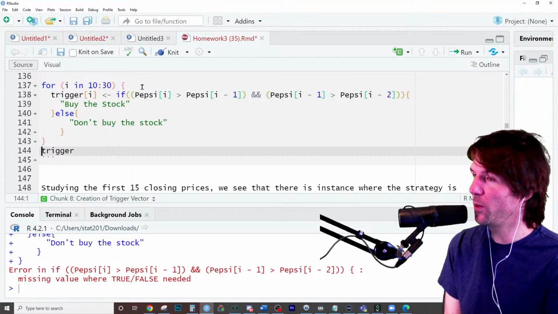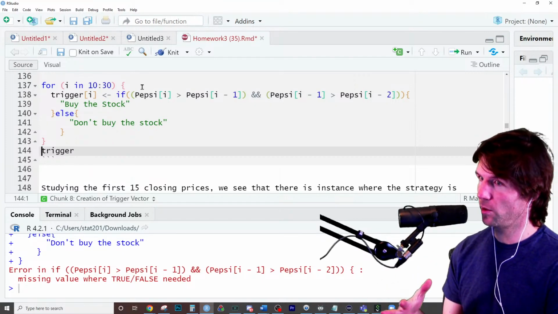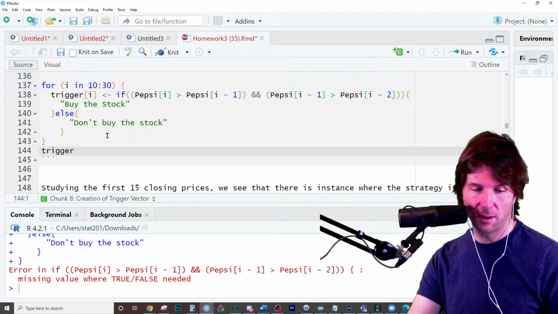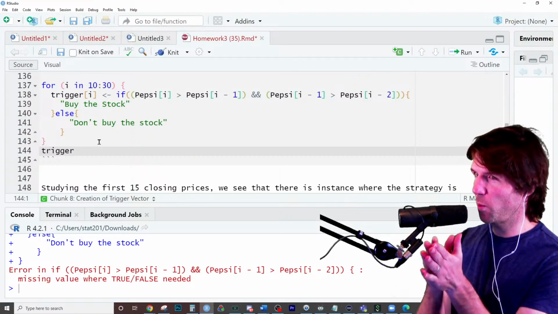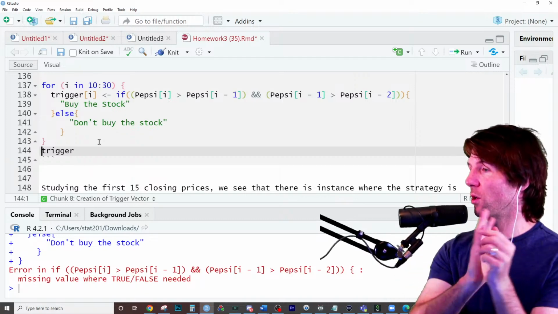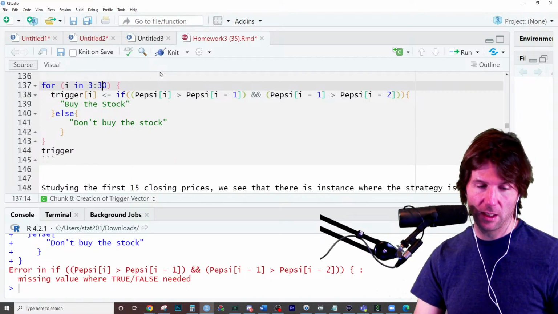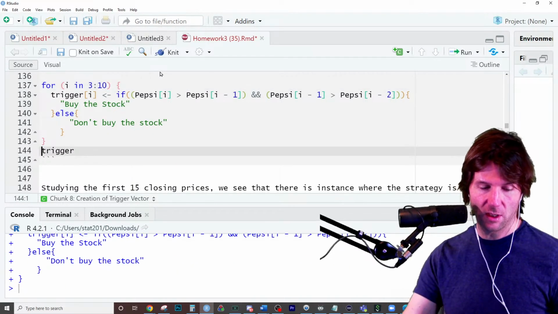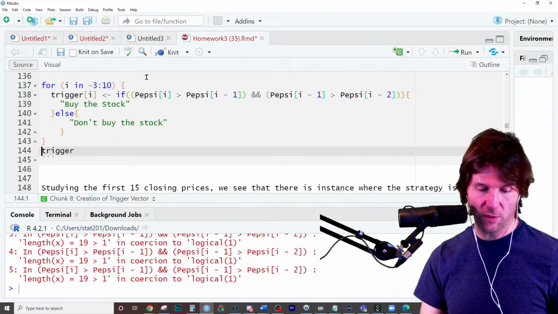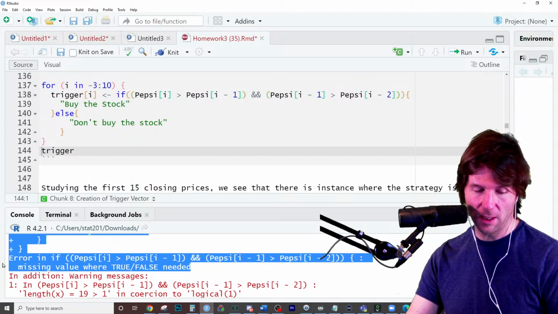That means your loop is escaping. So a value of i that is plugged in has gone beyond your loop, because of the length of the thing. The way you reference the i's, with pluses or minuses, could cause you to start the loop beforehand. So if you were to go here and go to 3 and go through 10, you could see if that works. But if I go to -3, it's going to get mad, and it's giving me not logical. See, and then it gives the same error message right there.